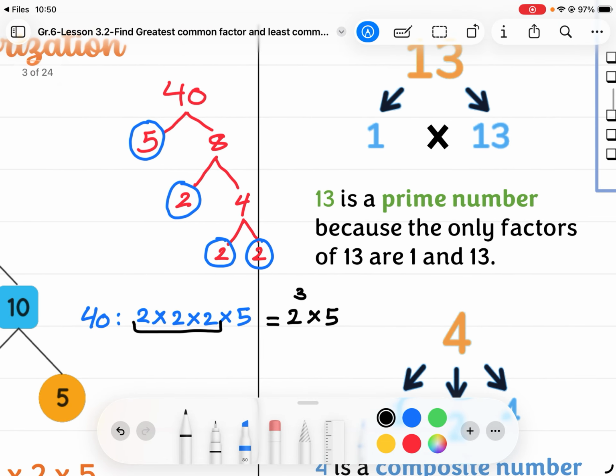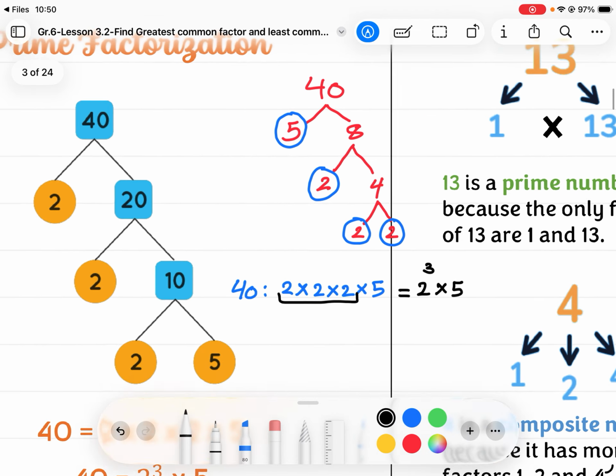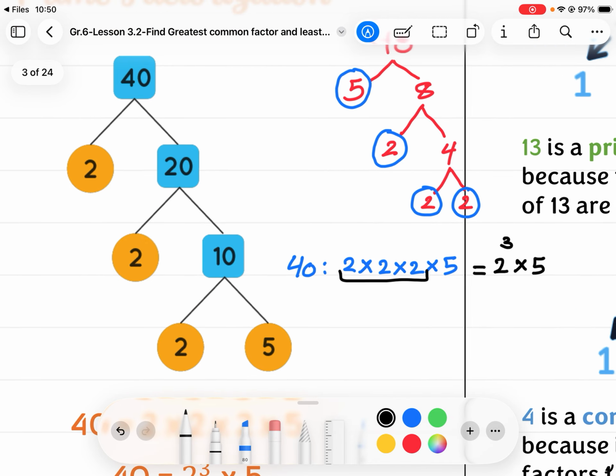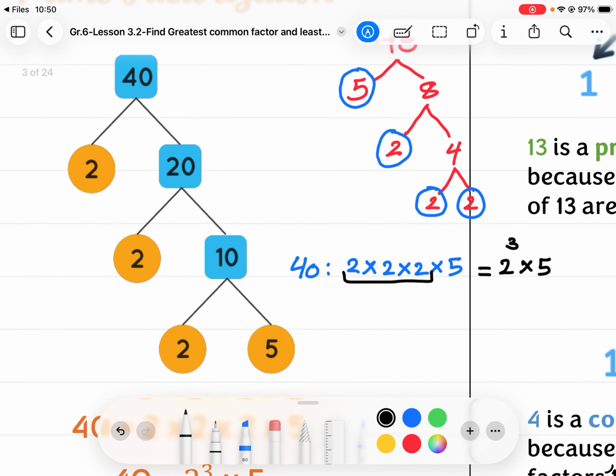Okay, now as you can see here, the book's way, maybe you don't want to take 5 times 8. You forgot that 5 times 8 equals 40. You know that 2 times 20 equals 40. So some students will go and take 2 times 20. No matter what 2 factors you take, we're supposed to end up both, you and me, with the same prime factorization.